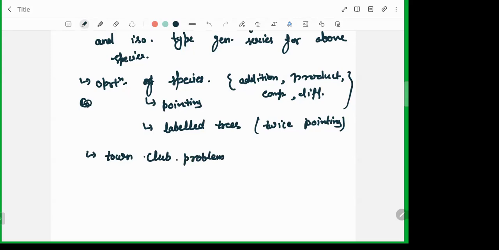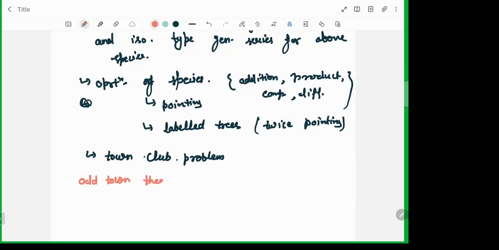If you are in a town, people start forming groups. Then under several conditions, what is the maximum number of possible such groups? In this direction there is a theorem known as the odd town theorem, which has been proved by linear algebra. That's why linear algebra methods are useful in combinatorics.